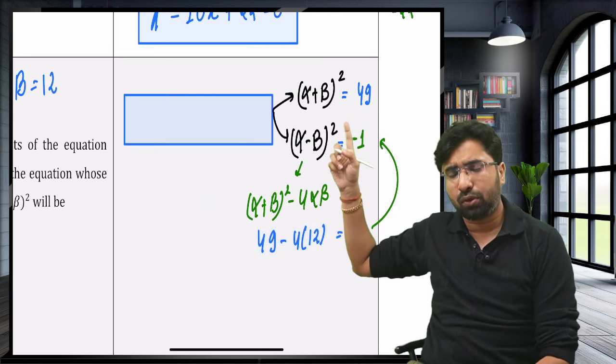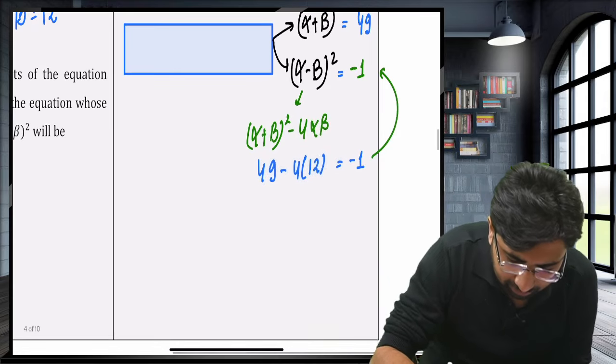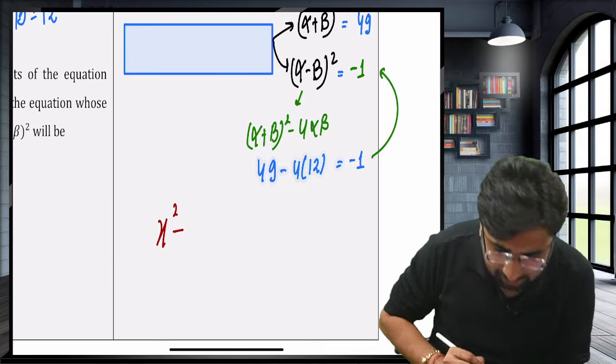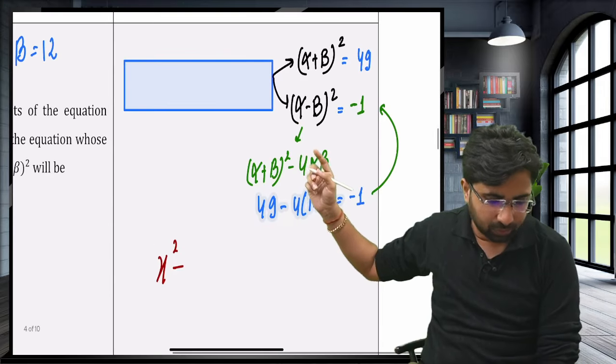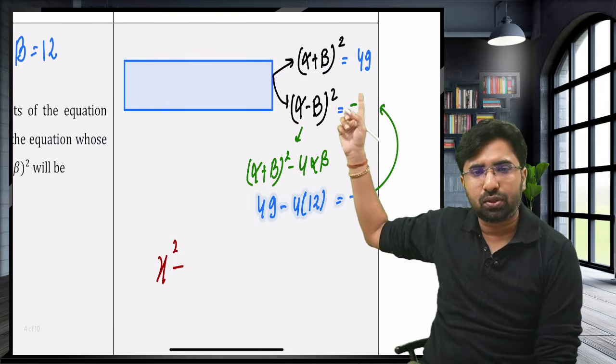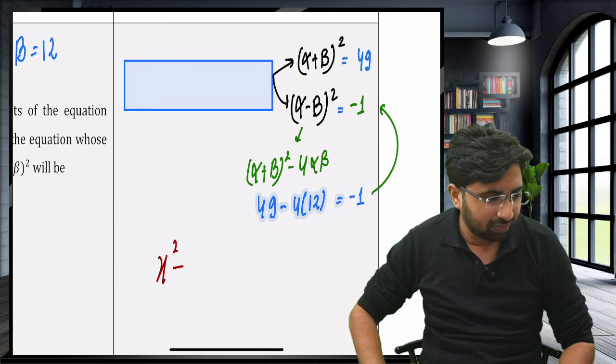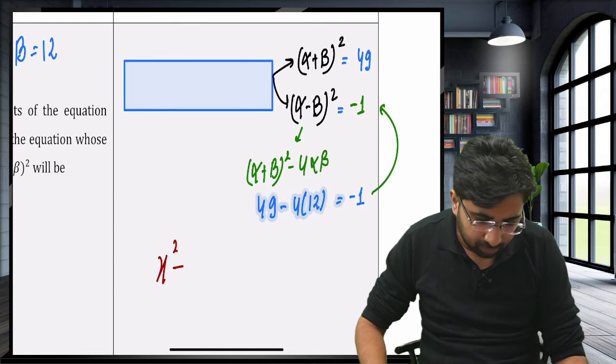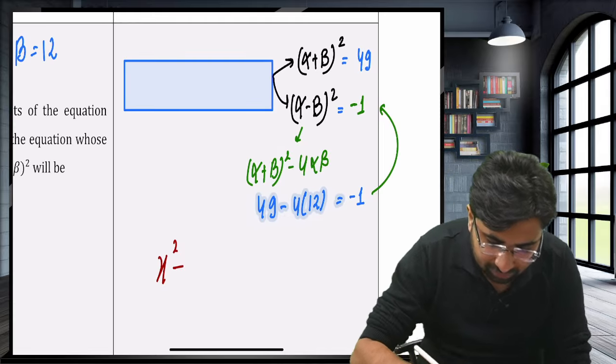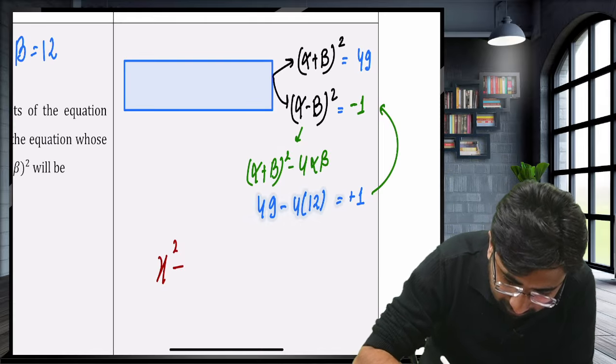Now, since you have the roots, how to form the equation? x square minus sum of the roots, wait, what mistake did I make? Sorry, guys, this will be plus.